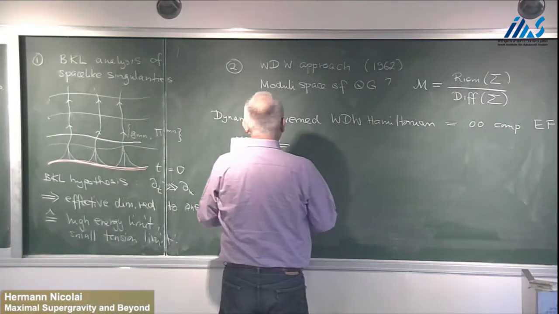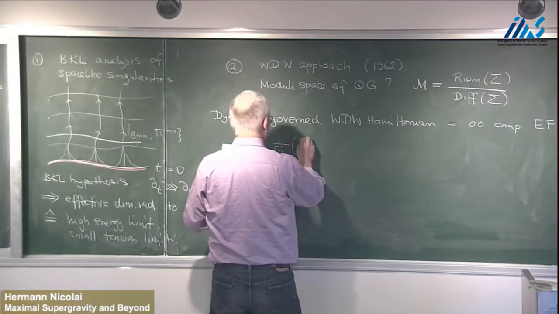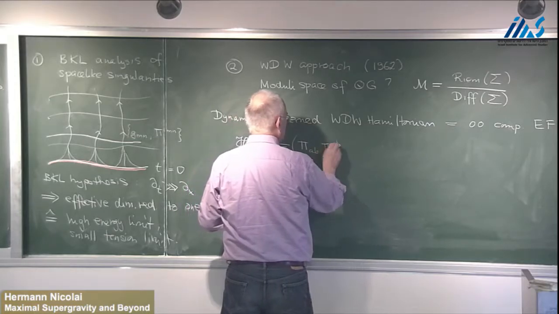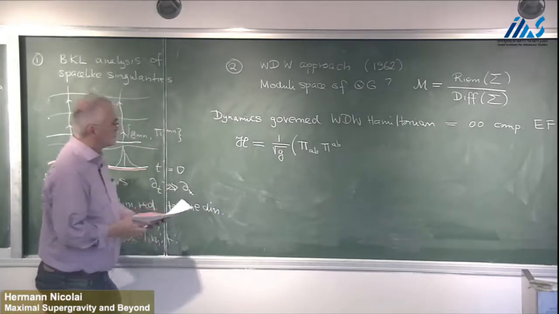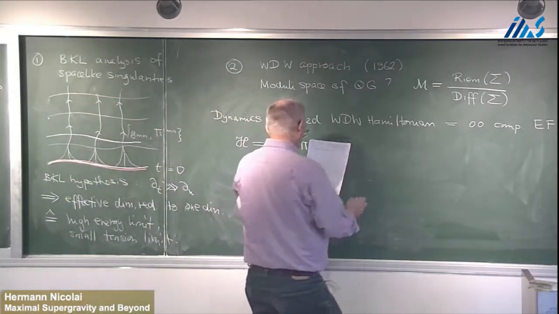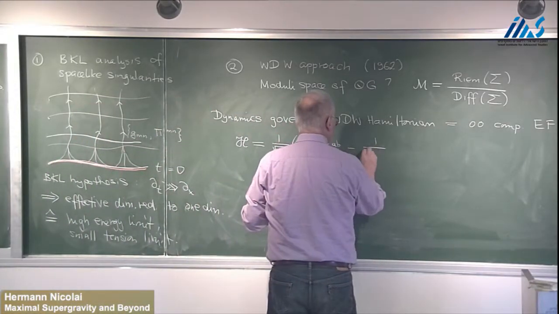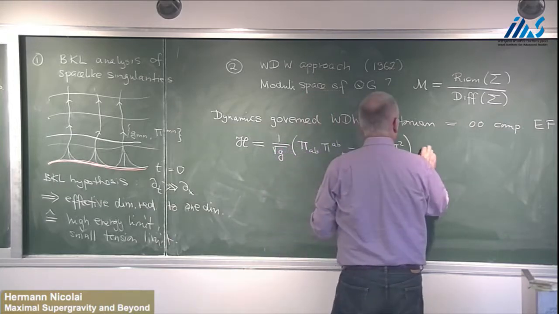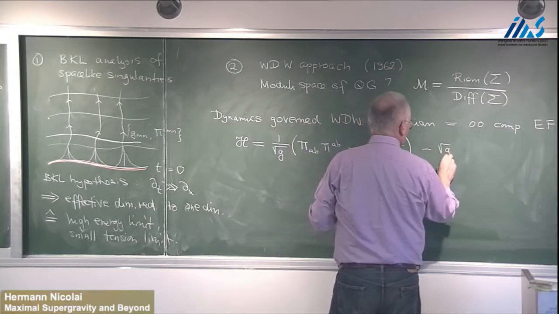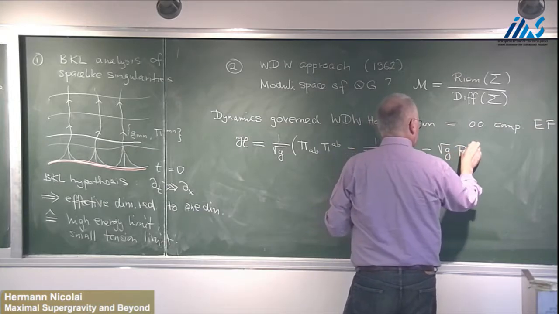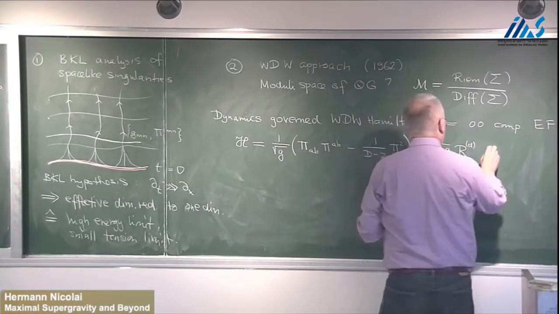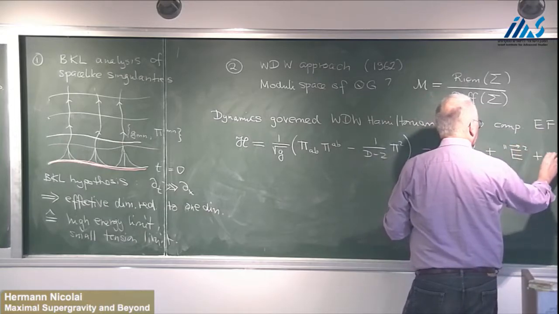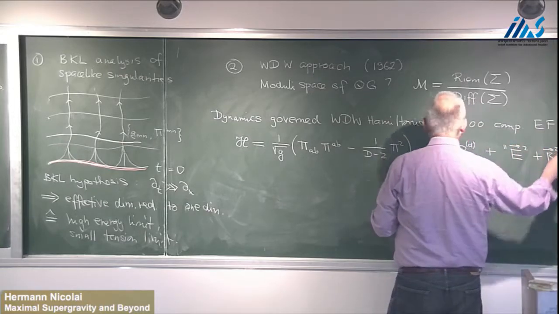And then what you find is the following. Here I take the liberty to use flat or curved indices. We have minus 1 over d minus 2 pi squared, and then minus square root g times the spatial Ricci scalar. And then we may have matter terms, e squared plus b squared.